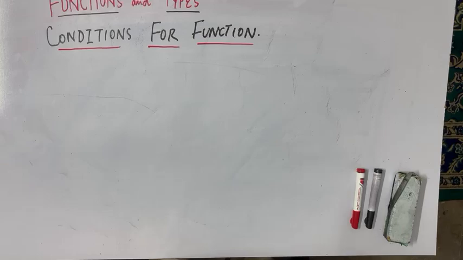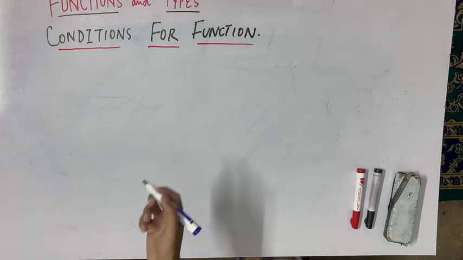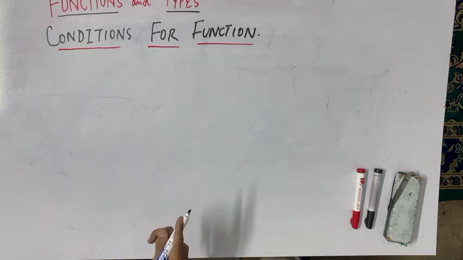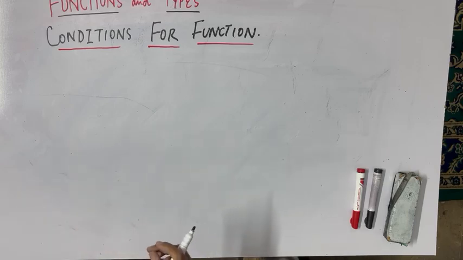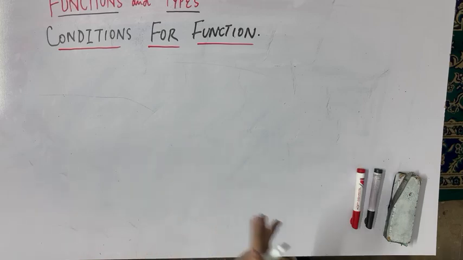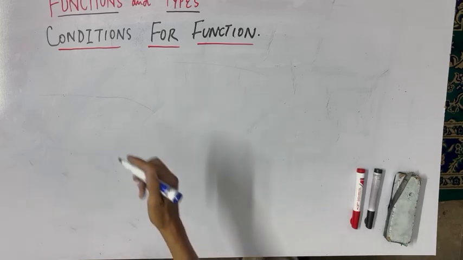Now when we talk about conditions for a function, it is very simple: there are two main conditions for a relation to be a function. As I said, not all the relations are functions, but every function is a relation. So if a particular relation satisfies these two conditions, it will be counted in the family of functions.